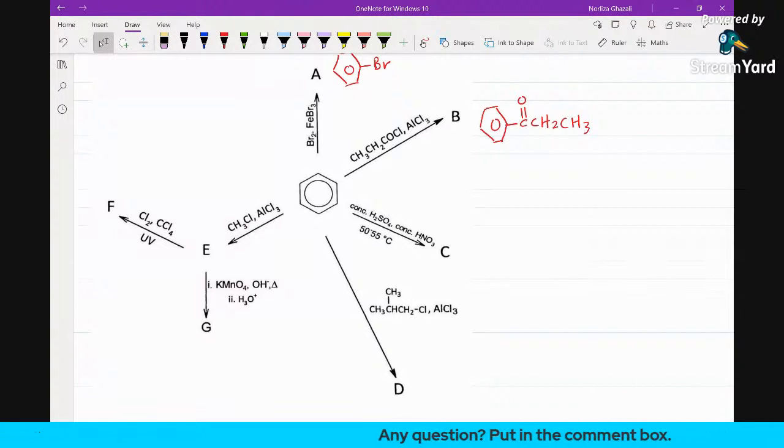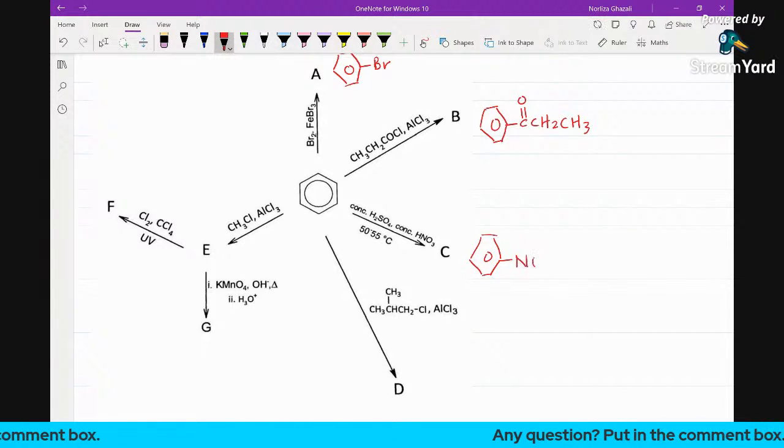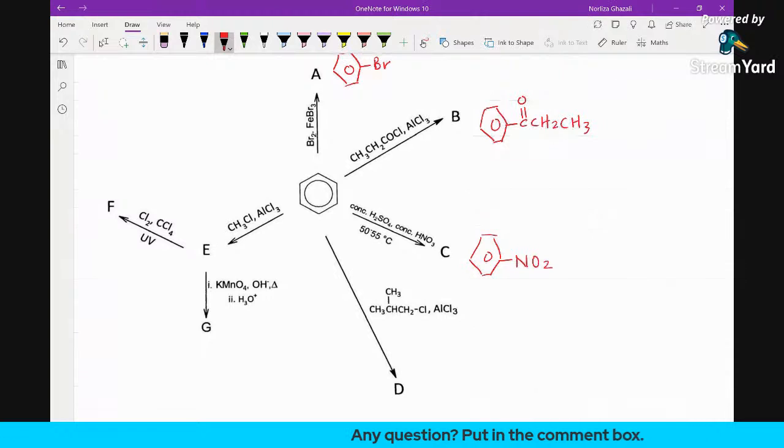So this is the nitration of benzene. Replace one hydrogen with NO2, giving nitrobenzene.